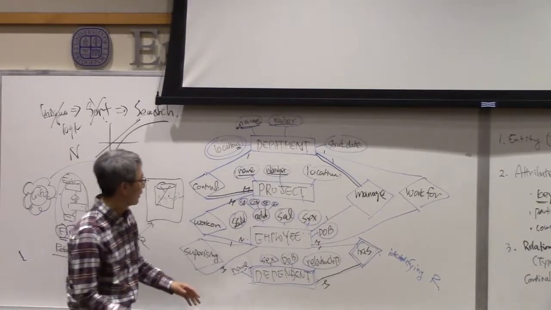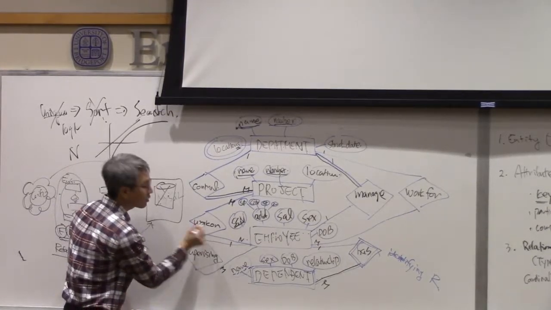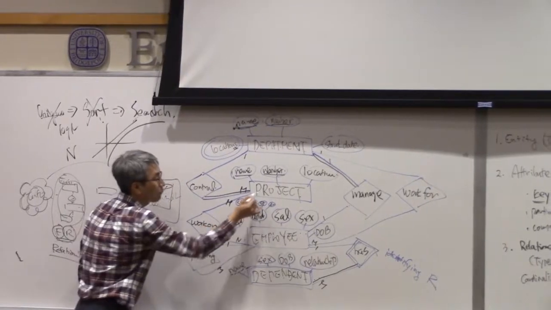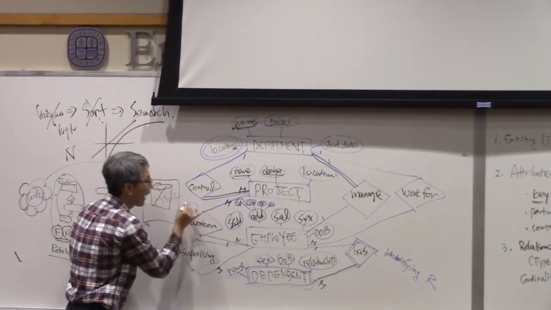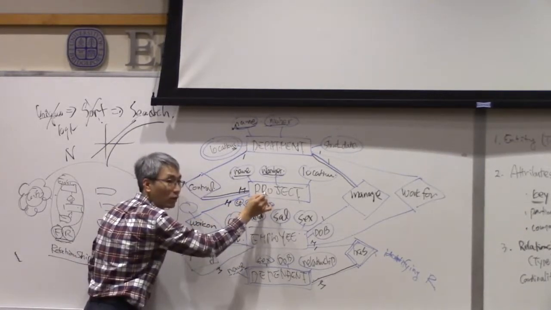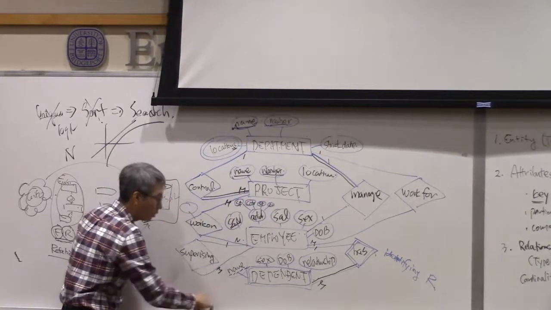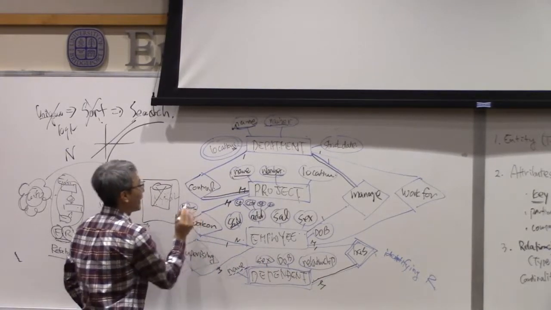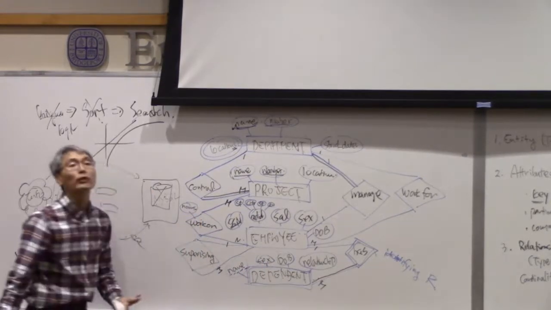So instead, why not use the works on relationship? So Lee works on project 1, 10 hours. Lee works on project 2, 20 hours. So we can put hours as an attribute of the relationship.